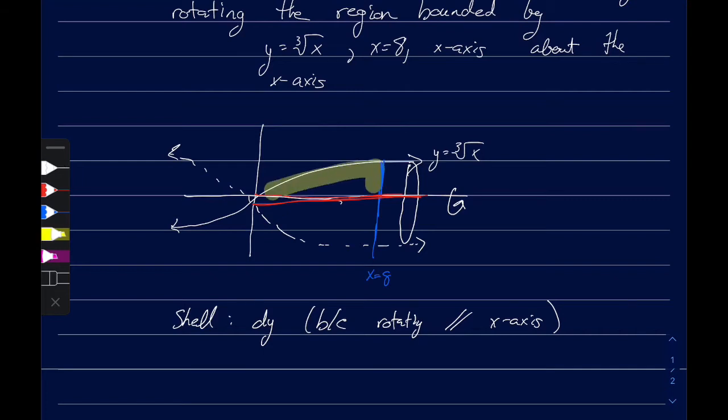Okay, and what region exactly are we rotating? We're rotating this highlighted yellow here. So what we're going to need to figure out is these shells. So if we draw a shell here, we'll go around, and we'll go around, and we're going to have this representative cylinder.